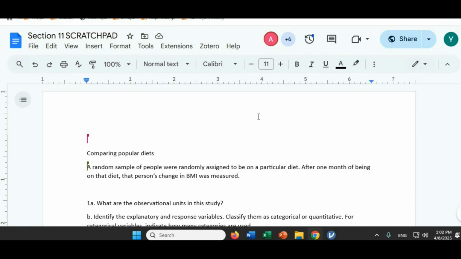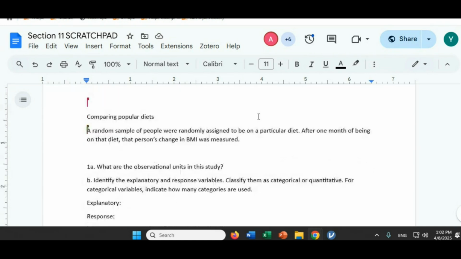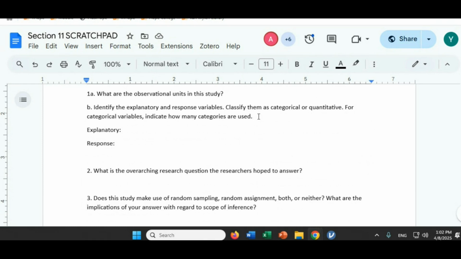Explanatory. That is protected by... and then this one is... yes.